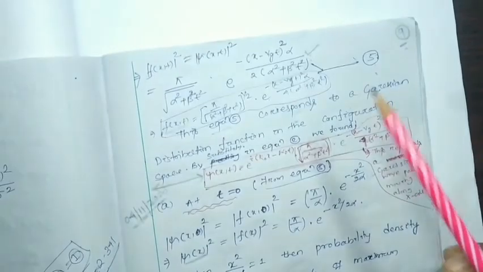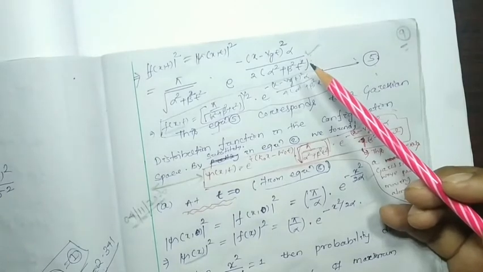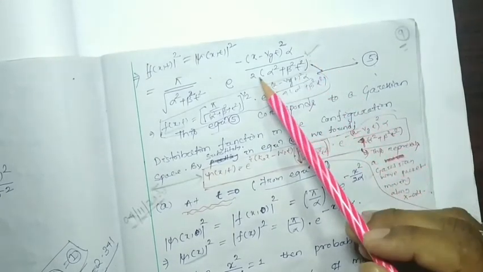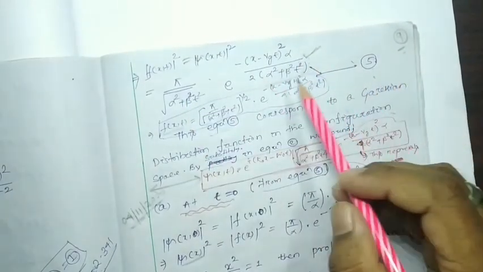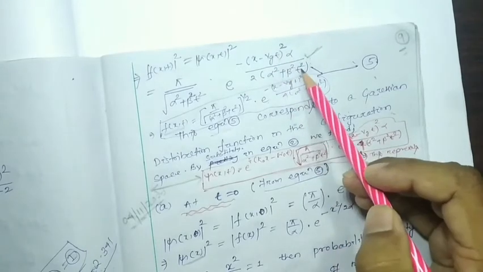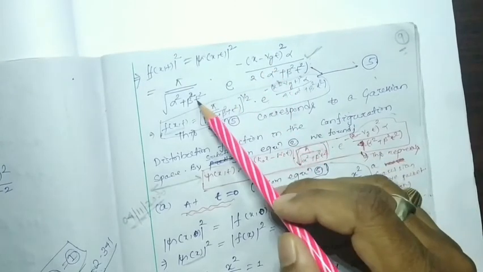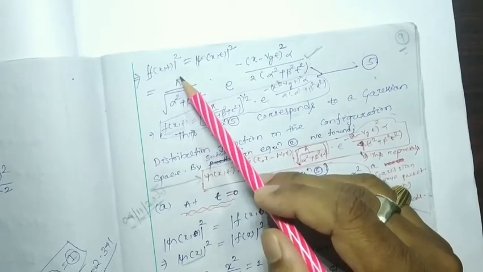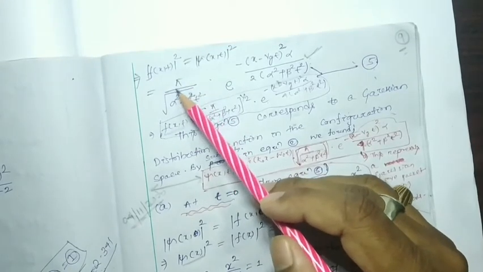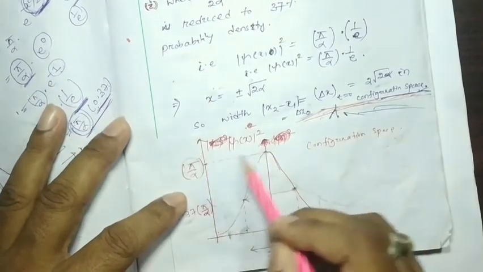If we put t equal to 0 and x equal to 0 in this equation, the whole exponent term is 0, so e to the power 0 is 1, and the beta square t square term is also 0. So the square root of pi by alpha is the maximum probability density.